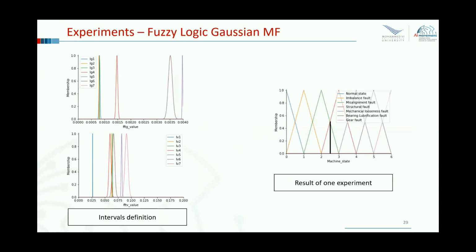As I previously mentioned in our research objectives, we are trying to figure out which membership function is suitable for our case and how we can justify our choice.